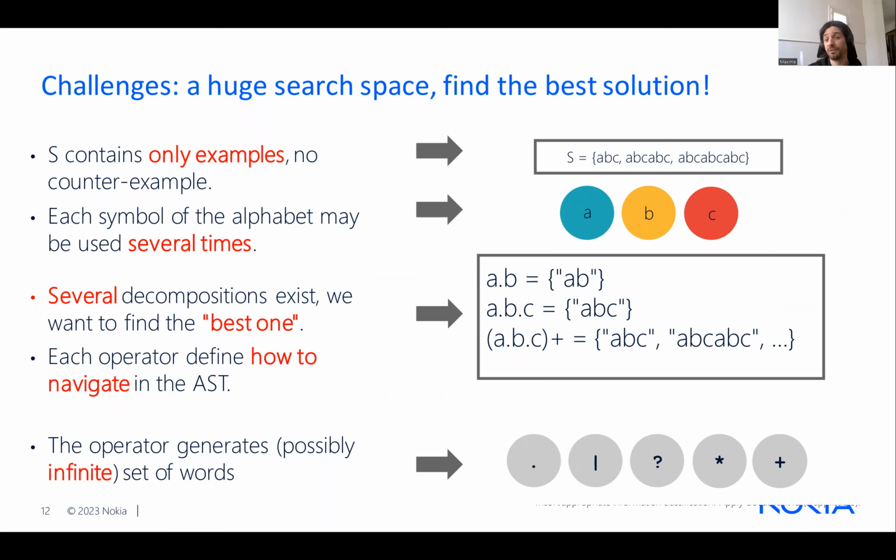Some of them are trivial, and we don't want just any solution. We want the good solution. So we will need to define a metric that allows us to characterize what is a good solution, what is a better solution, what is a bad solution. And yes, infinite sets of words, as I said earlier, languages are much harder to manipulate.